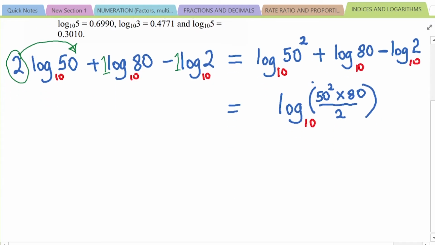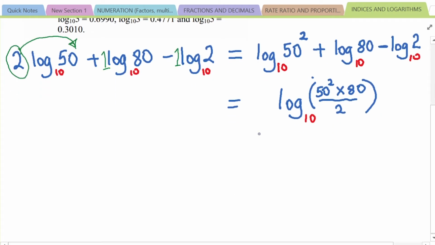So what we shall end up with is the logarithm of these numbers to the base 10. When we punch all that into our calculator, we end up with 100,000.